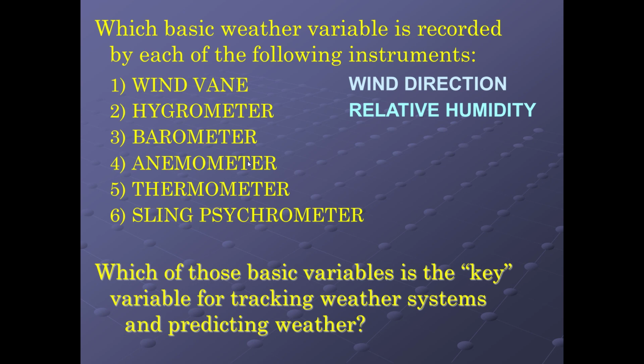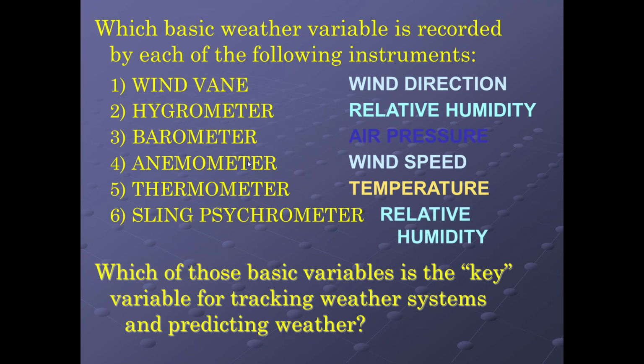A barometer is for air pressure. Anemometer is for wind speed, the spinny cups. Thermometer, of course, is temperature. And the sling psychrometer is a specific type of hygrometer, so it's telling you relative humidity.